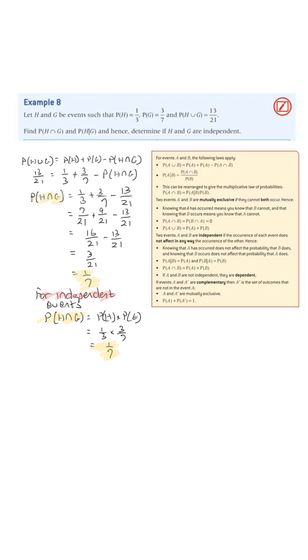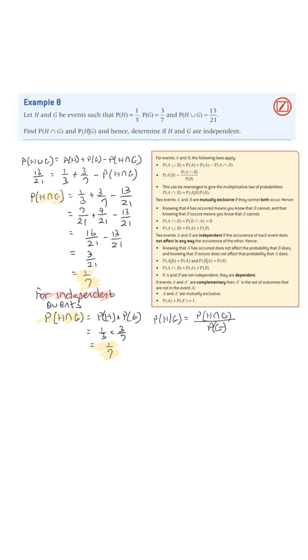The probability of H given G equals the probability of H intersection G over the probability of G. Expected, because we've seen that before. Whenever you're given these conditional probabilities, the probability of H given G, that's going to be on the denominator down here. That's going to be on the bottom.